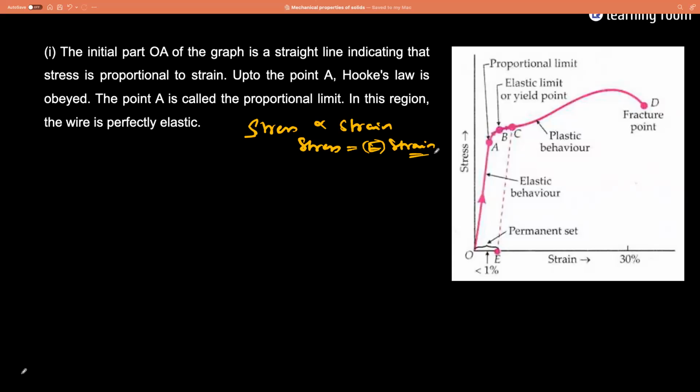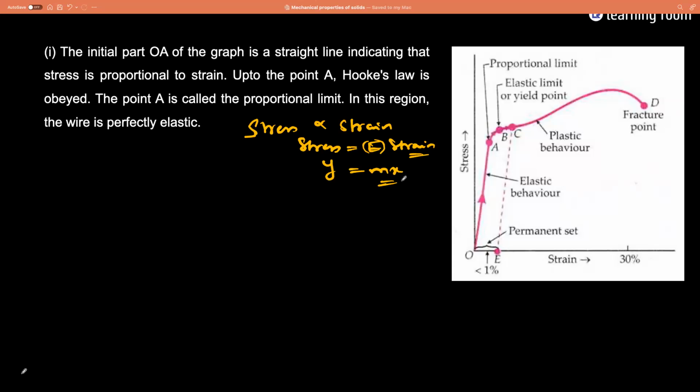Now, if I take stress on the y-axis, is it not looking in the form y is equal to mx? I'm not sure if you have learned straight lines. Did you? So y is equal to mx is a straight line passing through the origin.